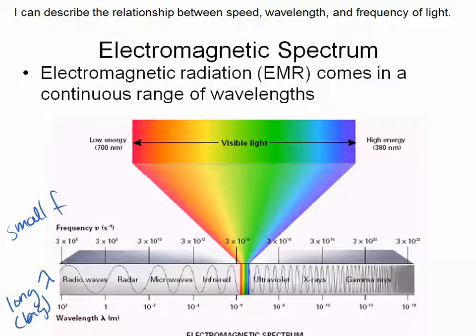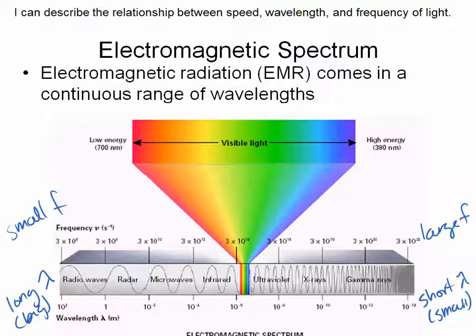And that makes sense, right? There are not going to be a lot of waves repeated when they're this big over a set period of time. As opposed to over here, when we come to the edge that has gamma rays, this time our wavelength is very short. So we have very small numbers, which means, since frequency is inversely related, we're going to have very, very large frequencies. We have lots of waves being completed in that same amount of time where we have very few waves being completed over here.